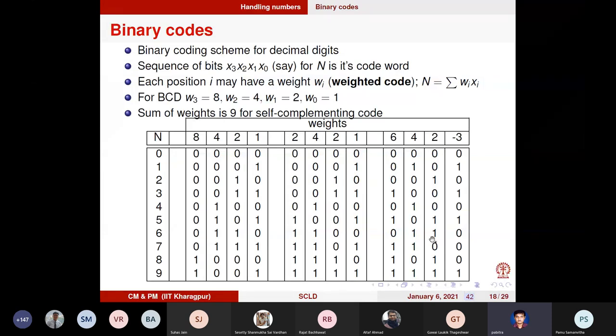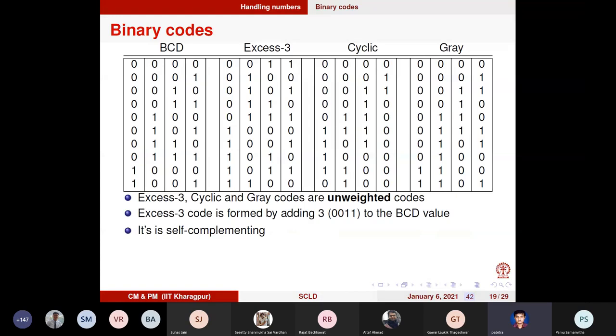So sometimes what is done, this weighted property is broken down so that if there are multiple representations of the same decimal, only by convention one of the representations is taken, and other possible representations are considered as redundant code words and they are used for other purposes. Forcefully the weighted property is broken down. You get to go to an unweighted code.